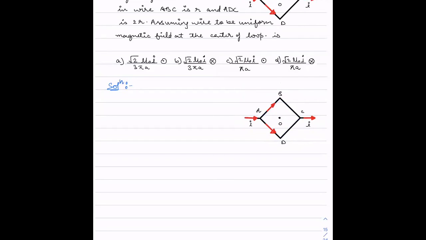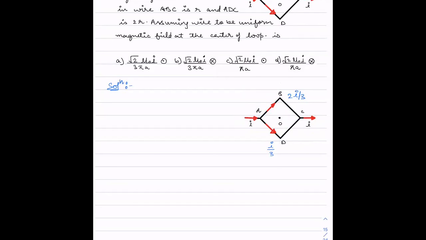So the current will be divided correspondingly. The current in this part will be I by 3, and the current in the other part will be 2I by 3.